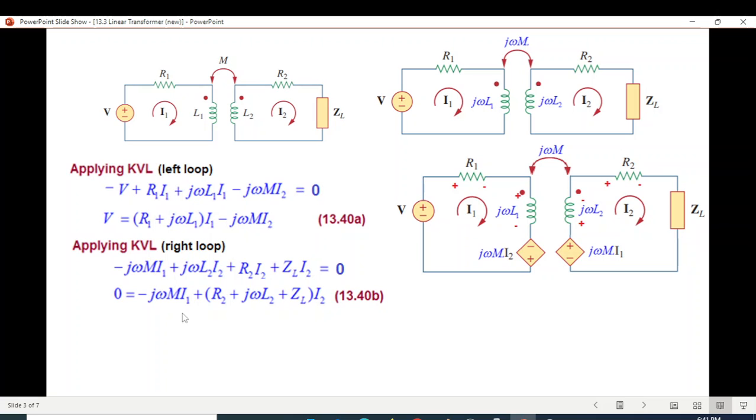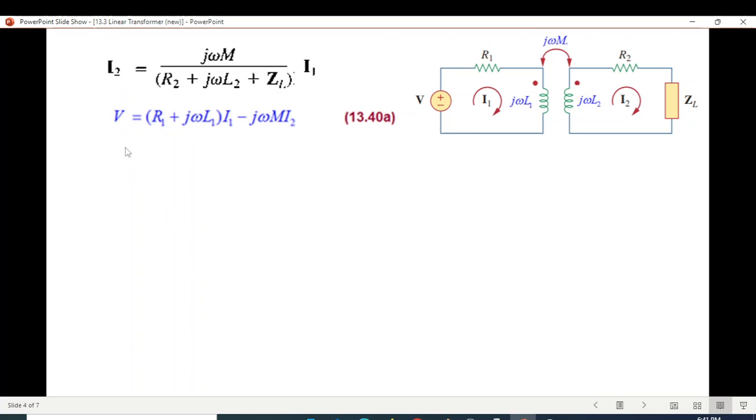Simplifying all these, from here we'll take out the value of I2. Rearranging, I2 will be this value.